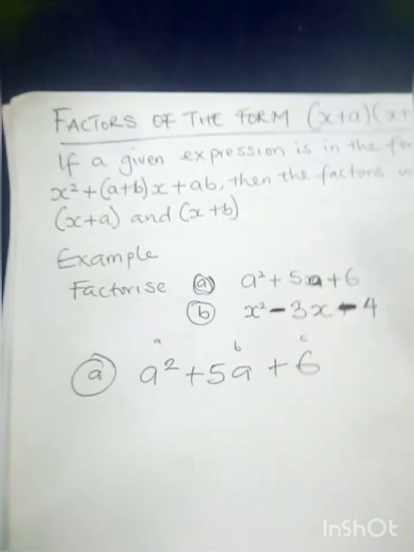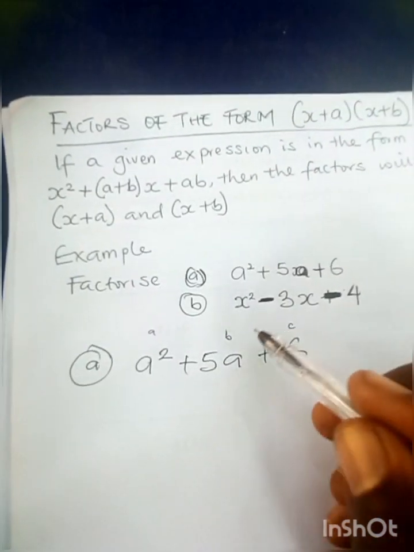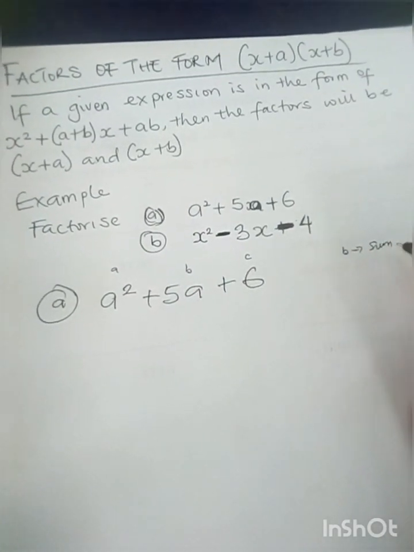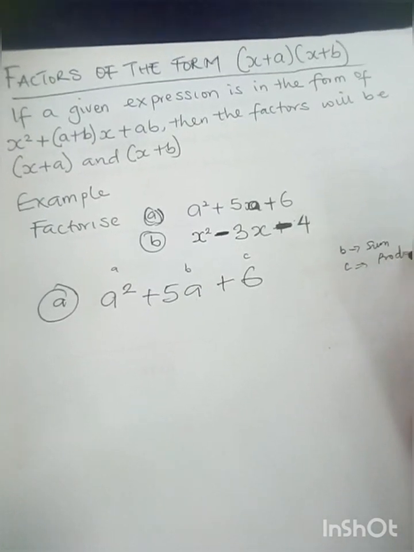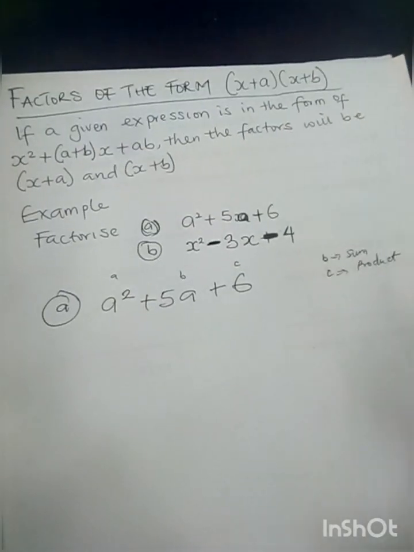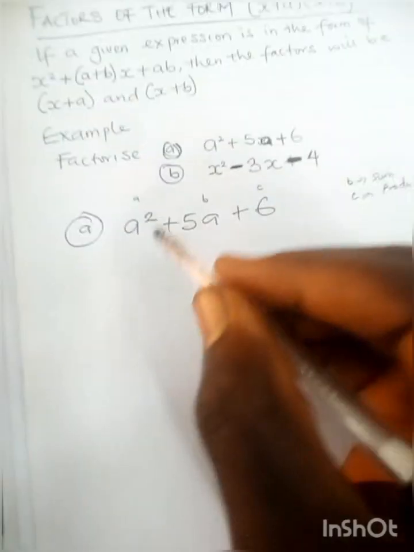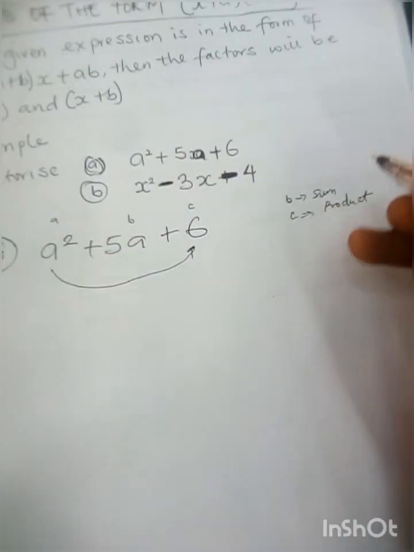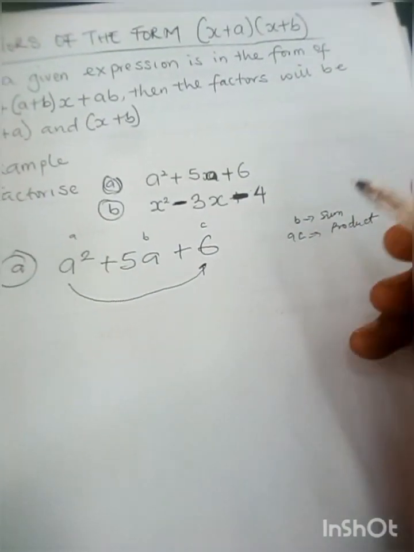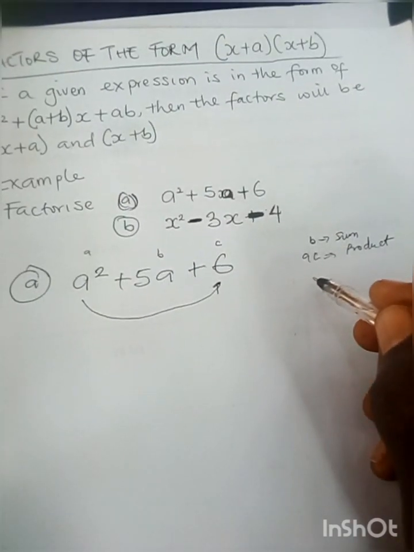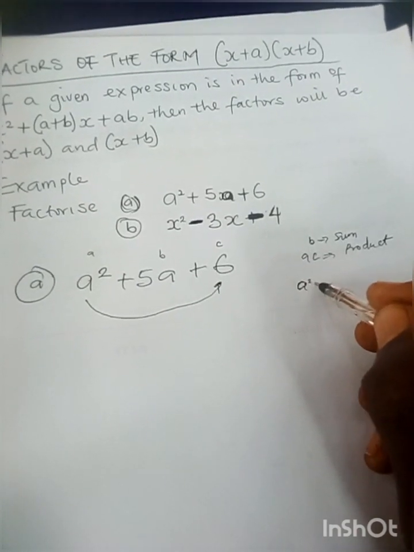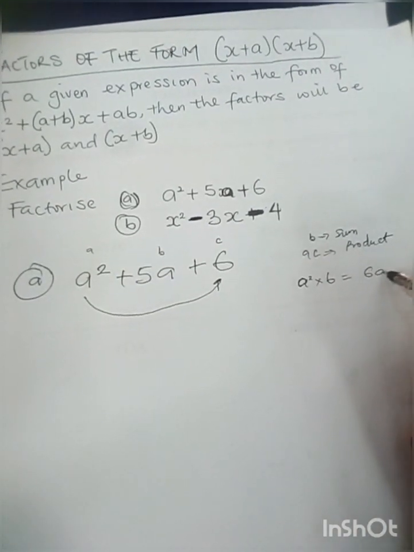This is a quadratic equation, right? So now this b can be called the sum, while the c is the product, which is a constant. Are we getting that? Now what we'll do is multiply this one and this a. That gives you the product, which means AC is the product: a times a squared times 6 will give you 6a squared.